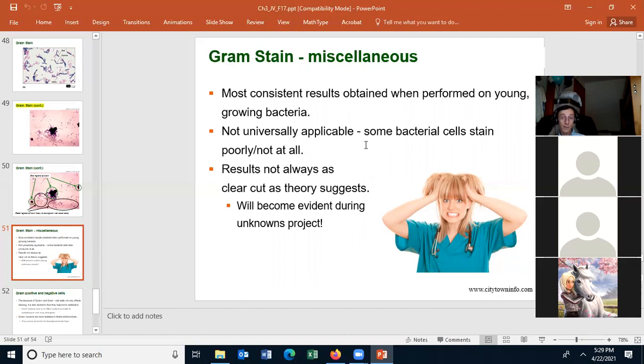The Gram stain results are not always as clear-cut as theory suggests, and this will become evident during your unknown project, and you're lucky you're not going to be in the lab, because some students doing the Gram stain didn't get it to work very well, and they were literally pulling out their hair because, well, the Gram stain is tricky.